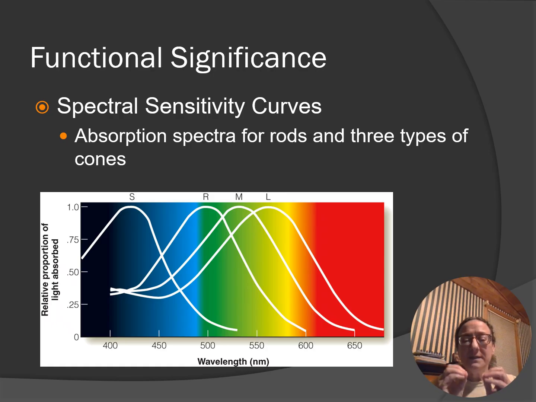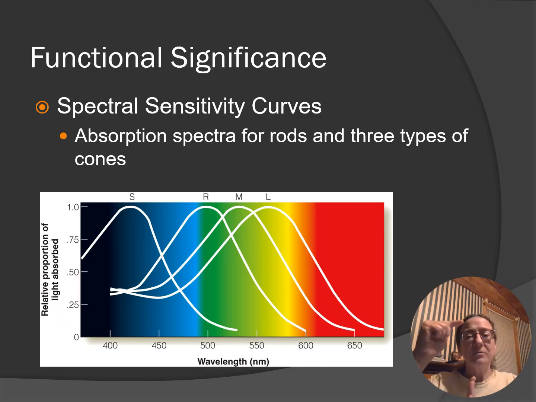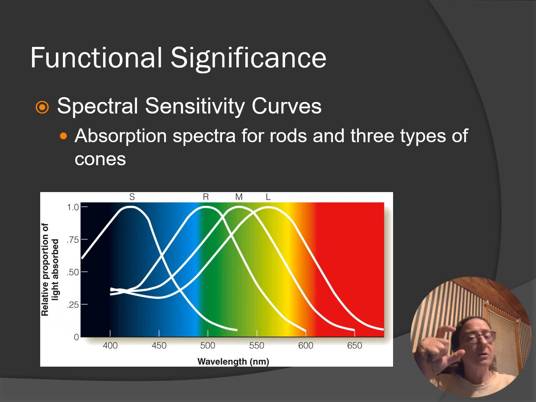So the long wavelength cones at that yellow are firing the most, medium wavelength cones are firing a certain amount less, and short wavelength cones are not firing at all. Okay, and I know I said it was backwards, but just roll with me here. That is the relative firing rates.